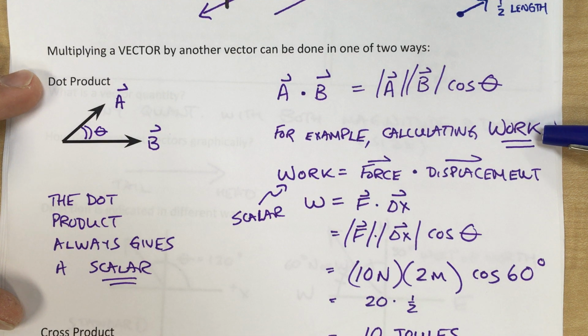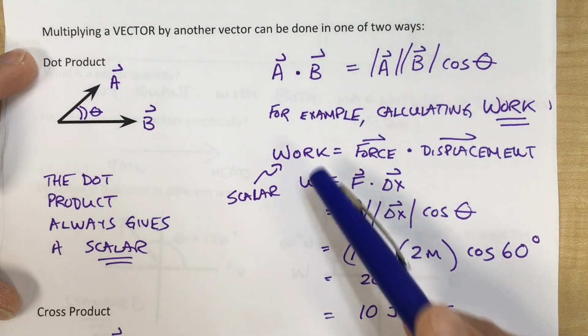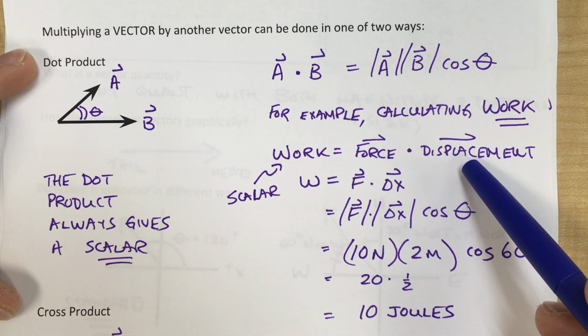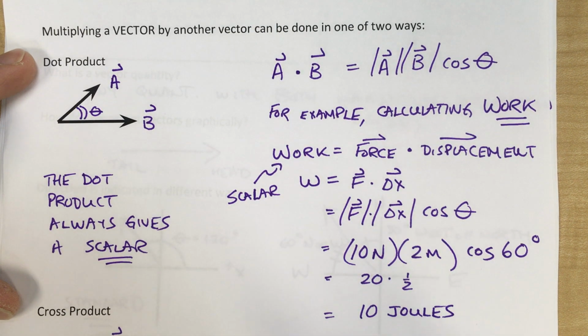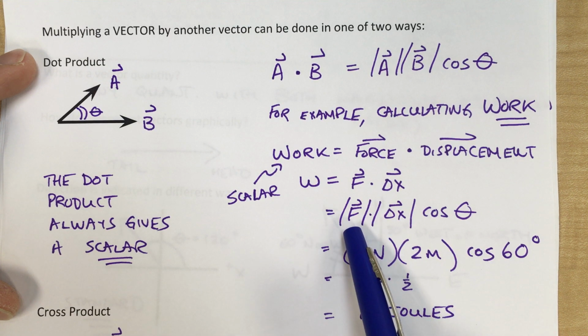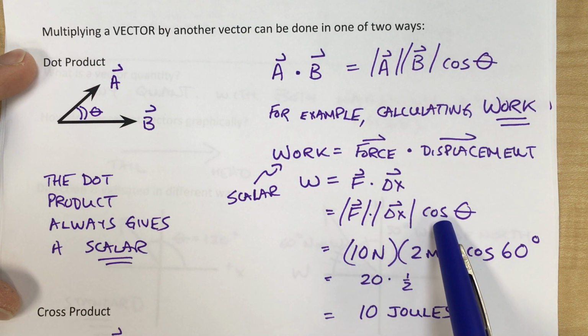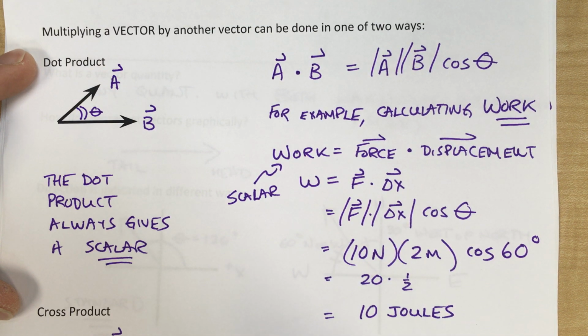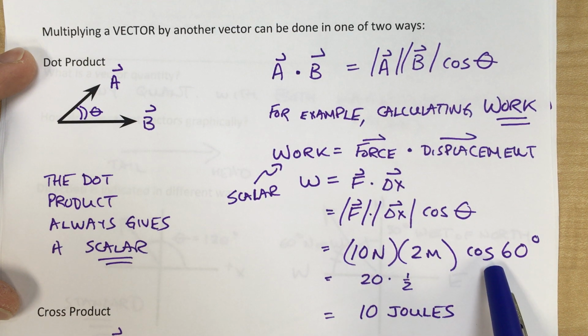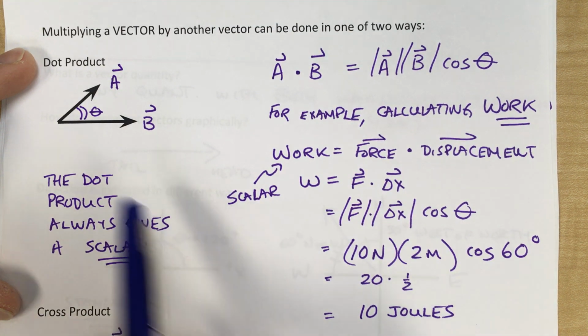This is something we did last year when we learned about the quantity work. We said that work is equal to force times displacement. But the way that we calculated work in class was to take force times displacement times the cosine of the angle between them. So hopefully you remember that. Now, let's say that as an example, we have 10 newtons of force, the object moves 2 meters, but there's a 60-degree angle between those two things. So you could look at this picture up here, right?